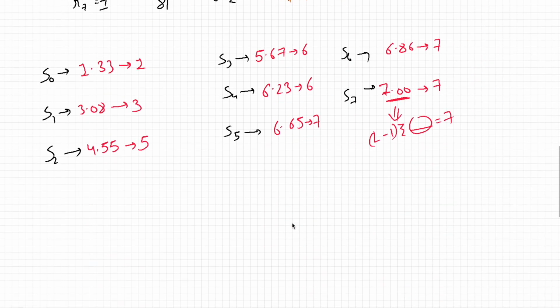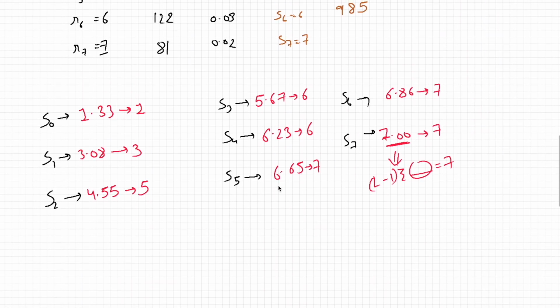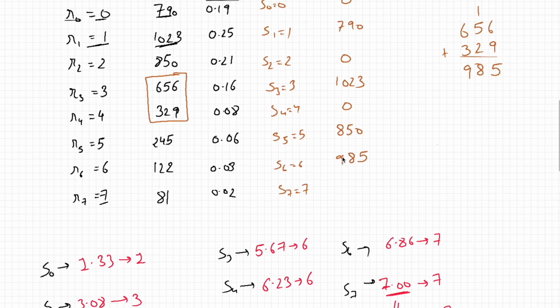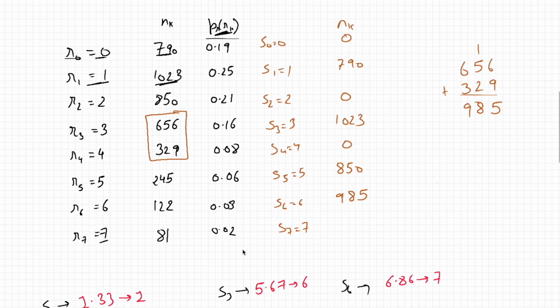And similarly, how many of the values will be 7? All the values which were 5 earlier, 6 earlier, 7 earlier will map to 7. So this plus this plus this. Now let's see, 245 plus 122 plus 81, this will be 448.